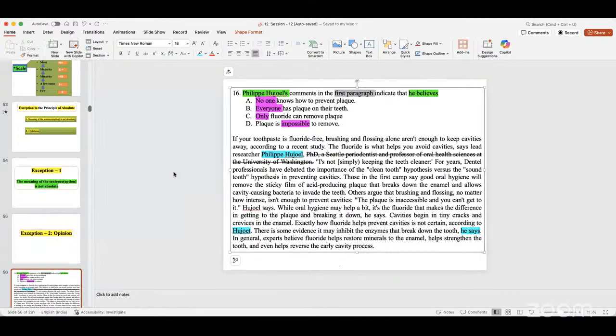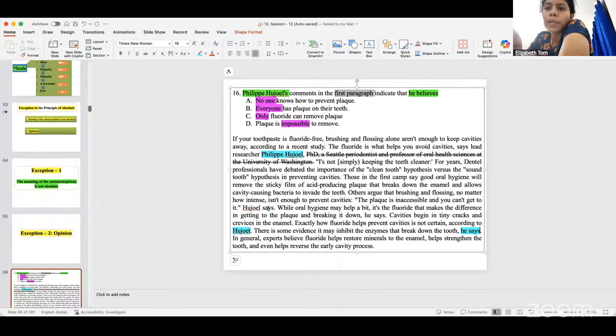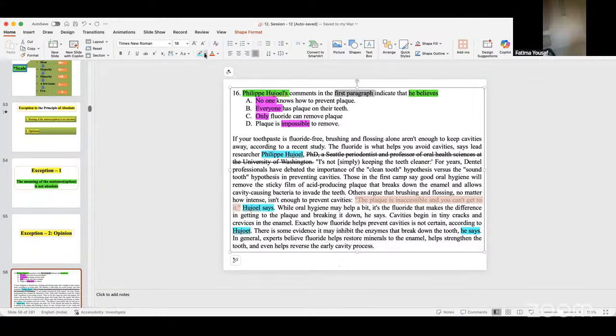Anywhere else? The plaque is inaccessible and you cannot get to it, he says. Is it similar to any option? Impossible to remove.